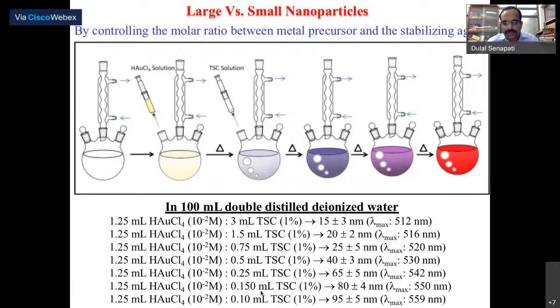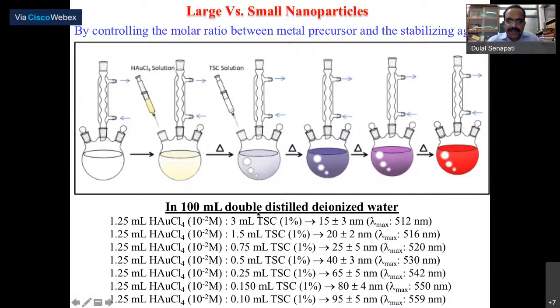When we use a large amount of TSC, per TSC the number of gold atoms available is much less, so we generally make a smaller particle. But when we use a very small amount of ligand, per ligand molecule the amount of available gold is much more, so we can generate a much bigger particle.